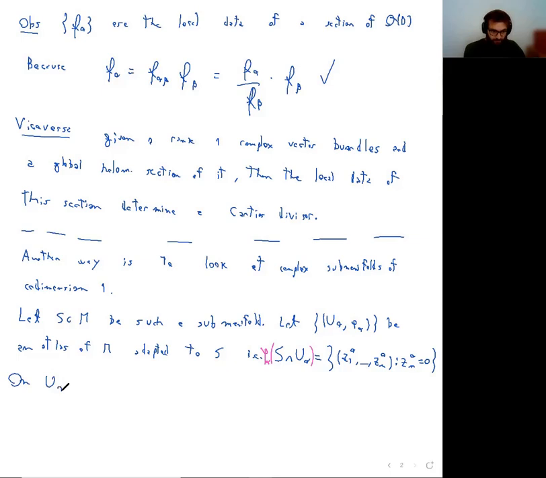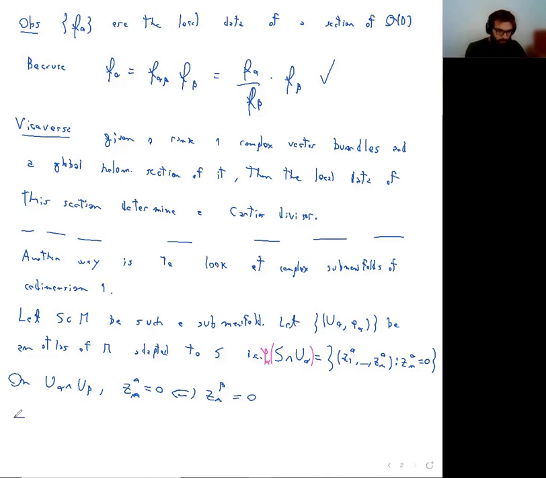And you see now that on U alpha intersected U beta, the last coordinate here is 0 if and only if the last coordinate of the other one is 0. This is simply because the manifold S is defined everywhere, and this atlas is adapted everywhere.